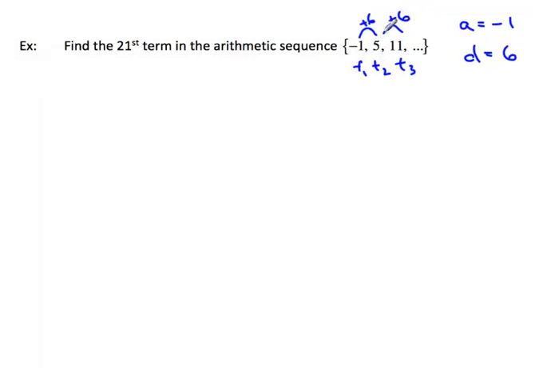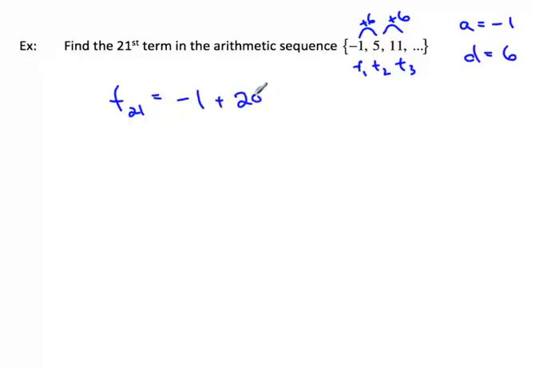You can imagine then to get to the 10th term, we'd have to add 6s in the spaces, and that would be nine 6s that we'd have to add. So to get to the 21st term, we'd have to add twenty 6s in the spaces, one less 6 than the number of the term we want to get to. So term 21 is going to be equal to that negative 1, plus we have to add a certain number of 6s.